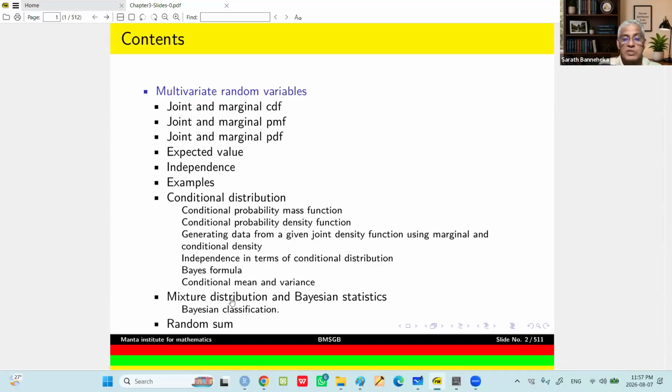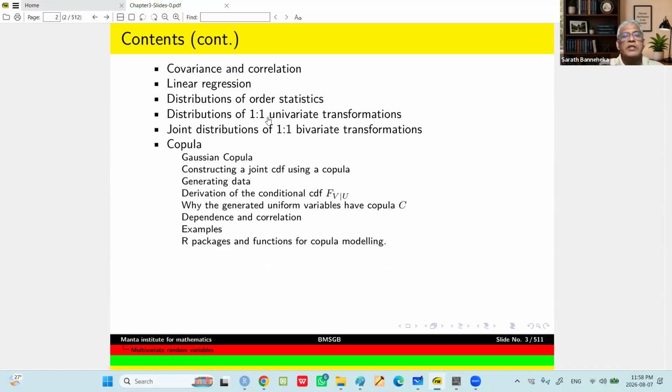And then we discussed mixture distributions and Bayesian statistics, Bayesian classification. We looked at some interesting examples. Then we discussed the random sum, the distribution of random numbers of random variables, and we derived the expected value and variance for that kind of random variable.